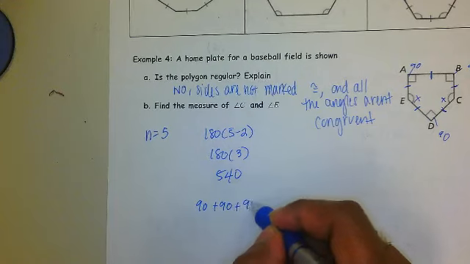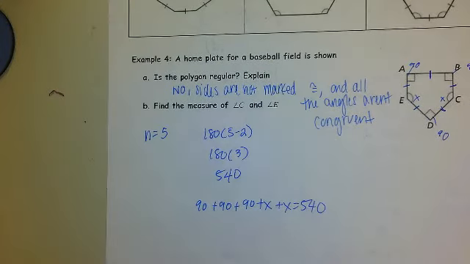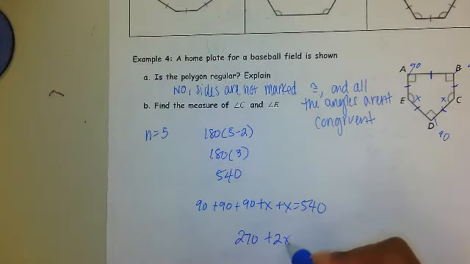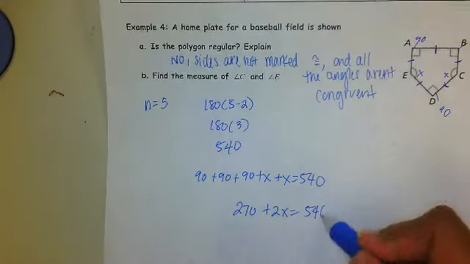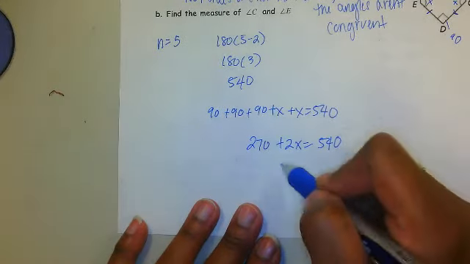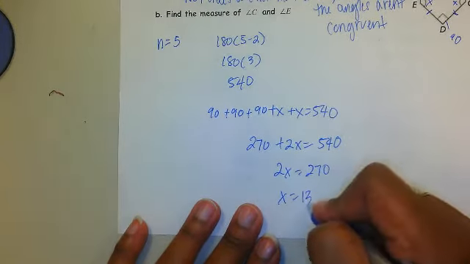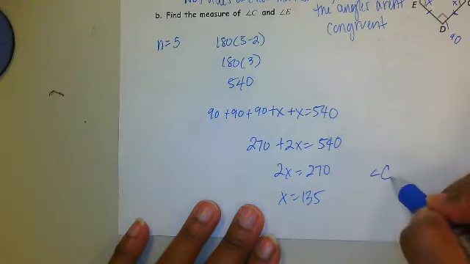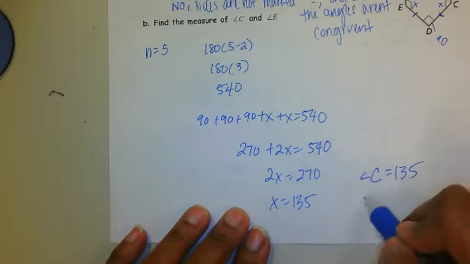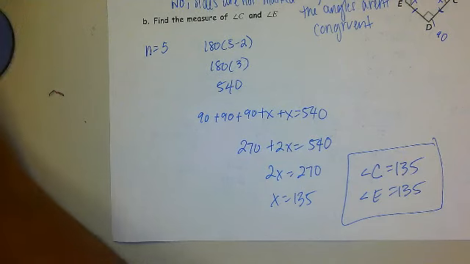So 90 plus 90 plus 90 plus 2x has to equal 540. 90 times 3 gives me 270, so 270 plus 2x equals 540. 540 minus 270 is 270, divided by 2 gives me 135. So angle C equals 135 and angle E equals 135. That's it.